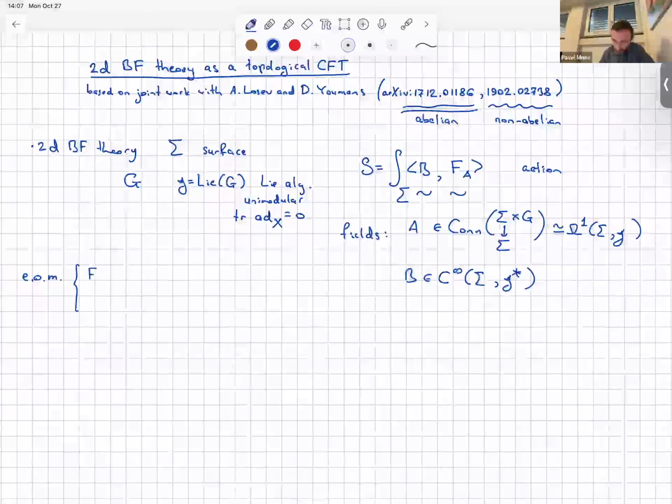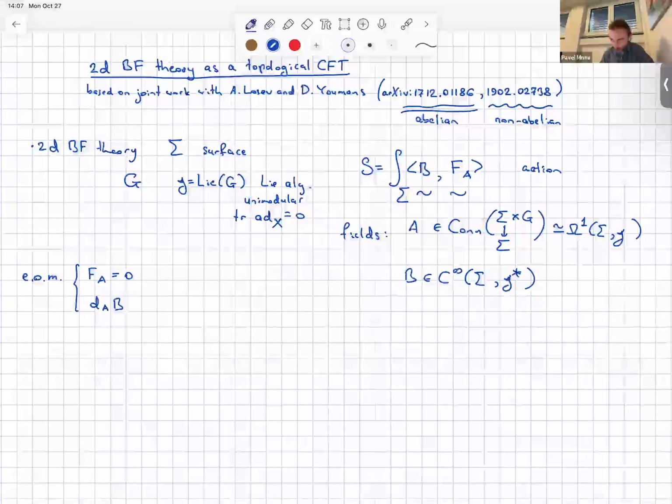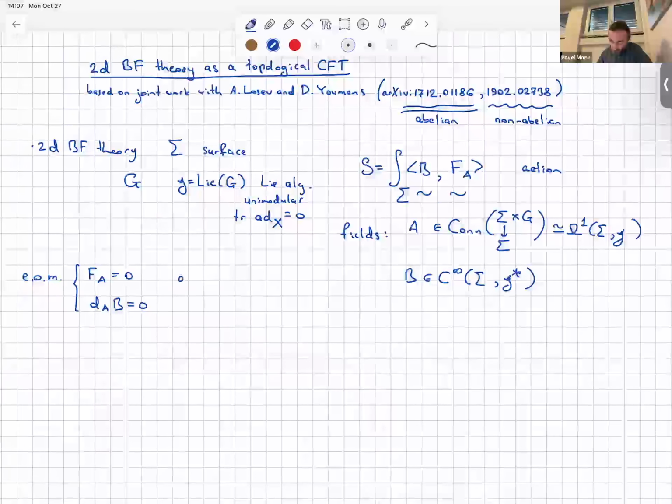They just tell you that A should be a flat connection, so the curvature of A should be 0. The second equation is that the covariant derivative of B should be 0. So B should be a covariantly constant function. It's also a gauge theory, so there are gauge transformations.